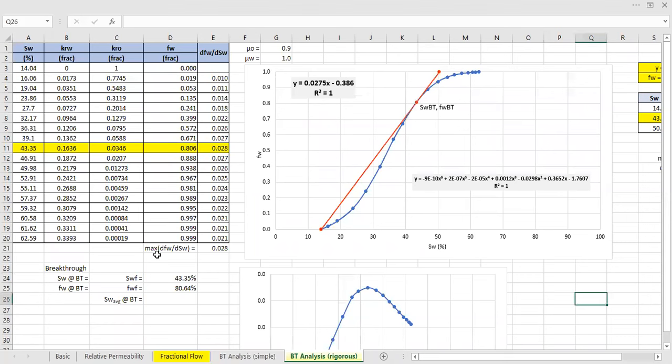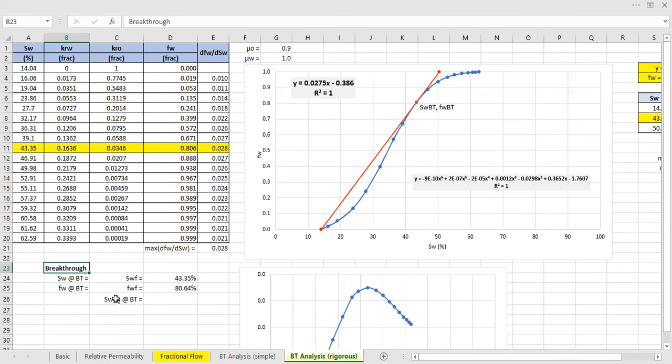Right, so at breakthrough condition, the water saturation at breakthrough, which is the same as water saturation at the front, is 43.35%. The fractional flow or water cut at breakthrough, which is the same as fractional flow at the front, is 80.64%.